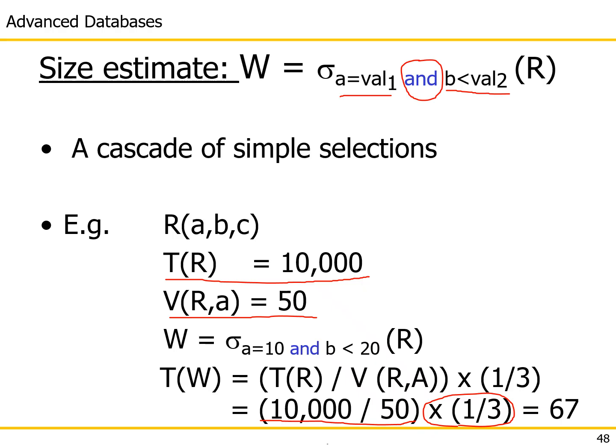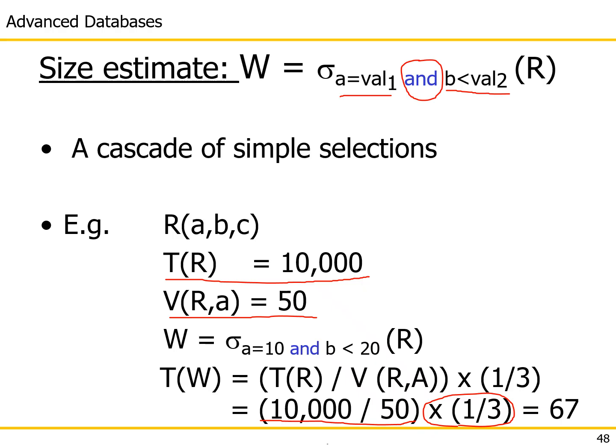So if I'm saying A equal to val 1, it's 1 out of the 50, so 1 divided by 50 multiplied by 10,000. Now, I will assume for this specific example that for B less than val 2, I will work with the 1/3 estimate, and that's what you see here. So this term alone is going to be 1/3 of R.